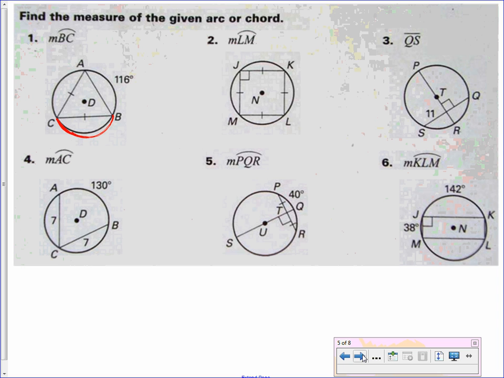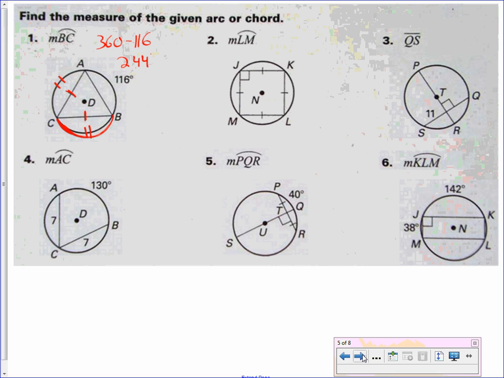That's this arc here. Now, you'll notice chord AC is congruent to chord BC. If the chords are equal, so are the arcs. Now, if you look at this full circle, that's 360 degrees. We know the 116. So if you subtract those two, 360 minus the 116, that puts us at 244. I'm just doing mental math.